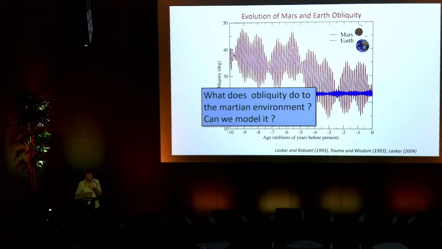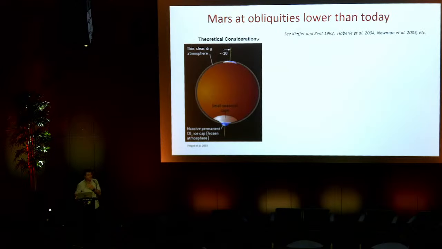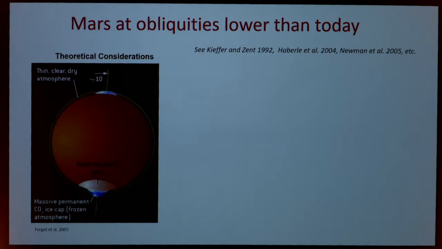Let's start with low obliquity. For many years, based on theoretical considerations and simple models, you can find that in pretty old papers, you can expect things. You can expect that because the mean insolation at the pole depends on the sine of the obliquity, it typically decreases, so you have very cold poles.